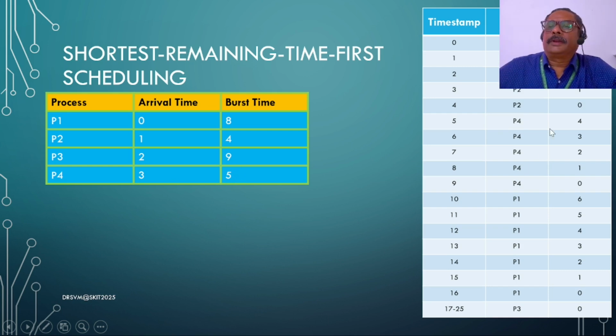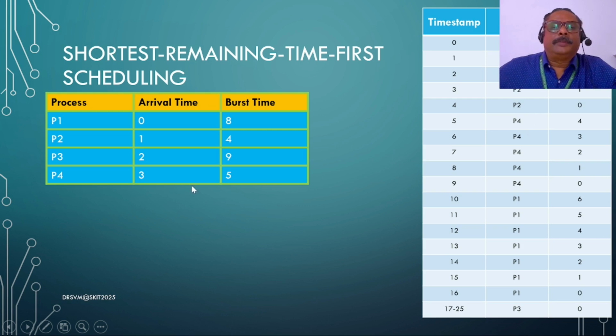Finally P2 completes its work, and by that time P3 and P4 have also joined the list. P3 was 9 and P4 was 5, and when P4 joined at 3, P2 was at 1 and P1 was 7, therefore P2 wins the race. The fourth slot also P2 takes up and completes its job.